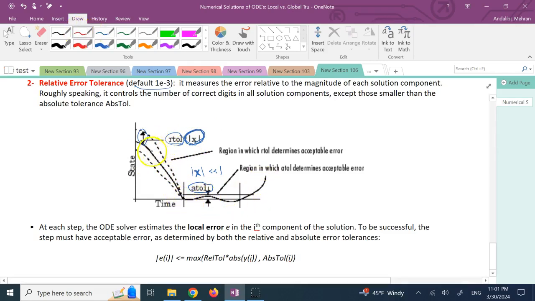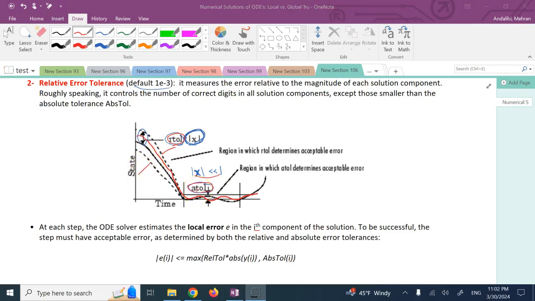So that means if you have an approximate solution from Euler, Runge-Kutta, or whatever, it has to stay within these two dashed envelopes. So if I have a solution like this, it is acceptable. Why? Because in the regions where the magnitude of the solution is not small, it stays within the relative tolerance, these two.